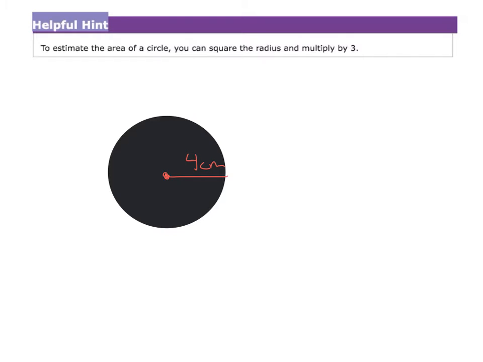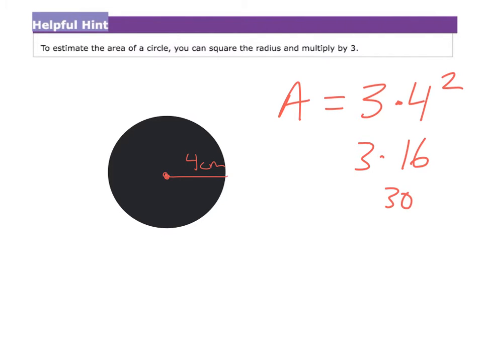You can also estimate the area of a circle. You can square the radius and multiply by 3. So if you round pi to 3, sometimes it's helpful to be able to estimate. So if I use 3 in place of pi, I can estimate the area of this circle pretty easily. 4 squared is 16. 3 times 16 is 30 plus 18. 3 times 10 is 30. 3 times 6 is 18.